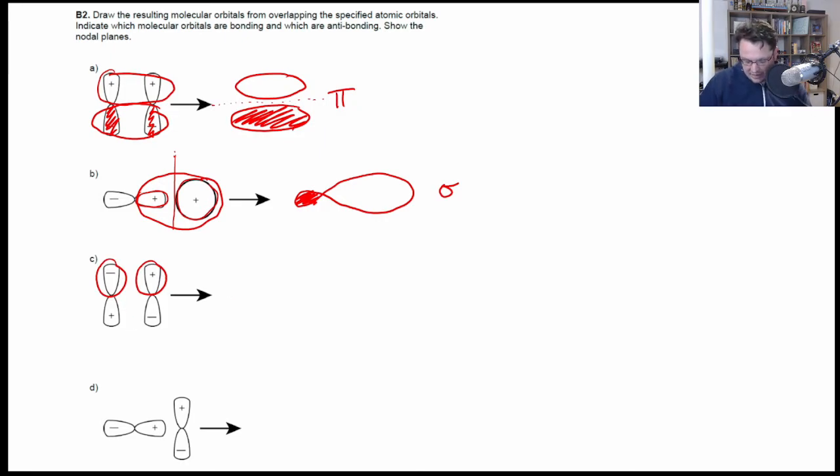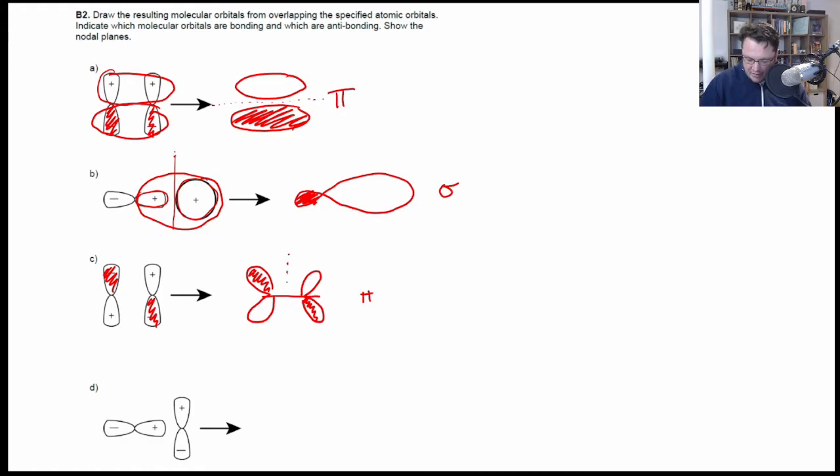In that case, what happens is that you're going to form a molecular orbital where you have a node that is parallel to the bonding axis, which is what we have right here.